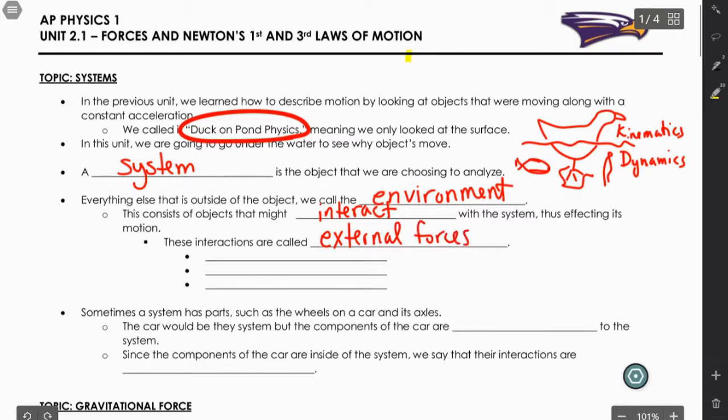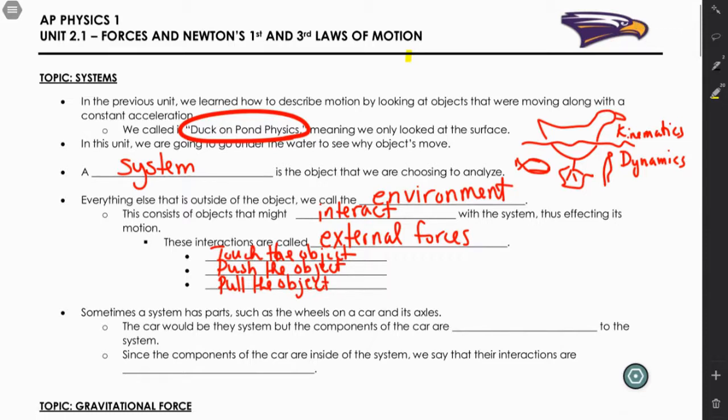And we'll define the word force here in a second. But basically forces are going to do one of two things. They're going to touch the object, they're going to push the object, or they're going to pull the object. So those external forces are going to do one of those things.